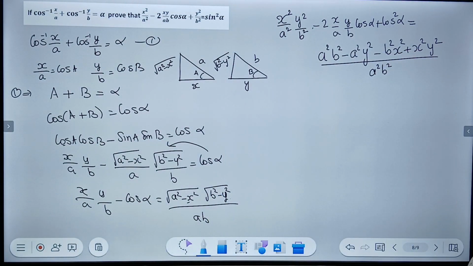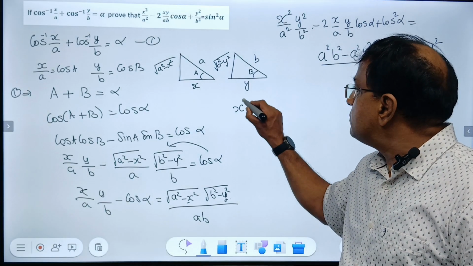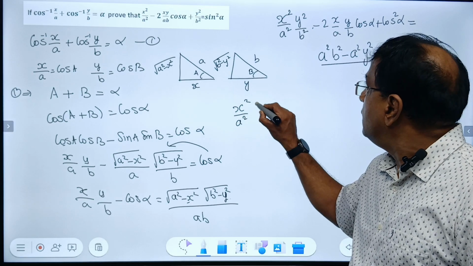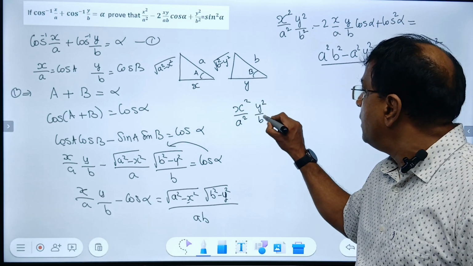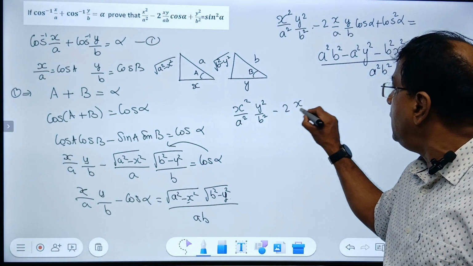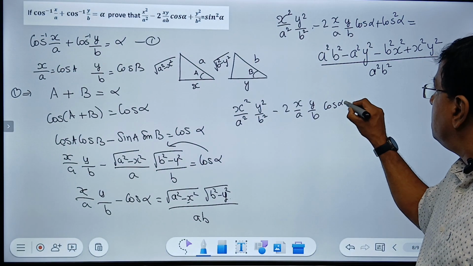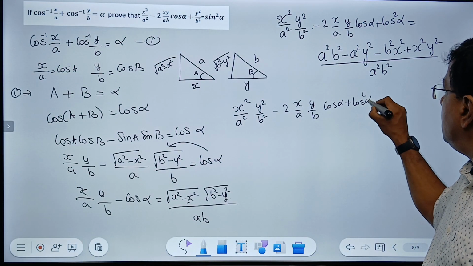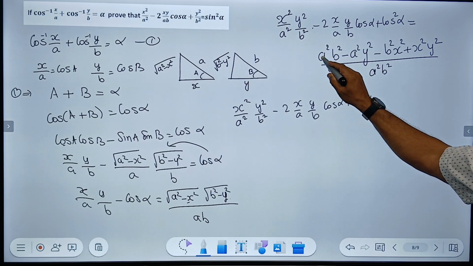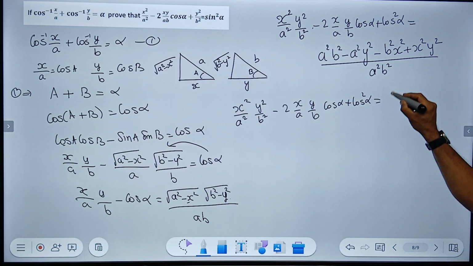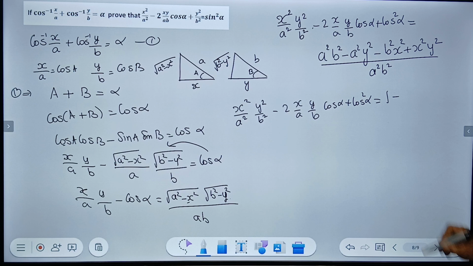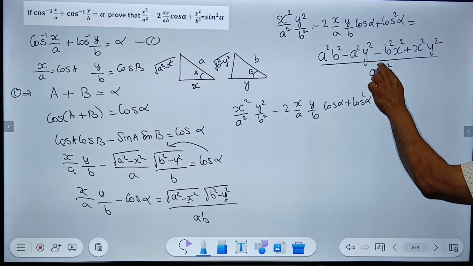Very simple. So now this will be x square by a square into y square by b square minus 2x by a into y by b cos alpha plus cos square alpha equal to, I am splitting this now. A square b square by a square b square is 1 minus a square y square by a square b square.